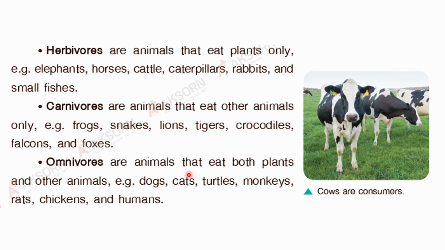You might be surprised that dogs and cats and maybe monkeys are omnivores. But dogs and cats, they do eat plants. Monkeys also eat insects. They eat other animals, so they don't just eat plants, not just bananas.